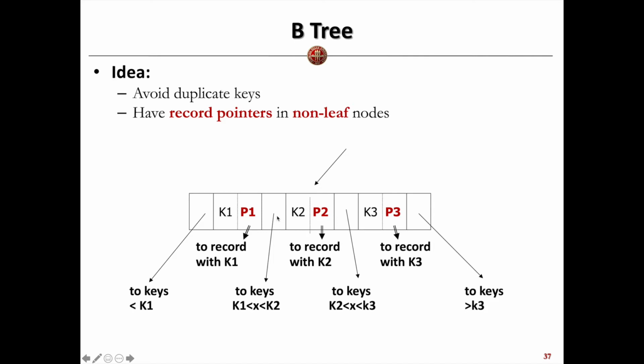And this one will be pointing to the nodes whose key is in the range from K1 to K2. This one will be pointing to the records matching K2. This will be pointing to the children nodes. This one will be pointing to the concrete data tuples matching K3. And this one will be pointing to the children nodes with keys larger than K3 instead. So you can see the difference, right?